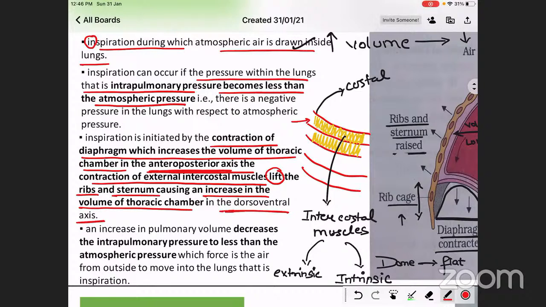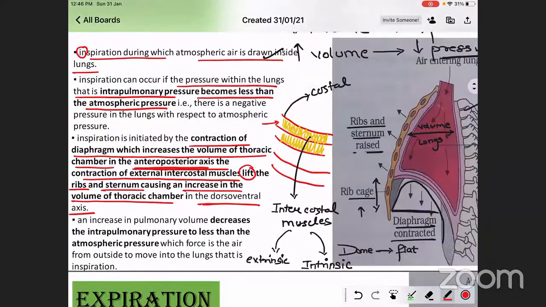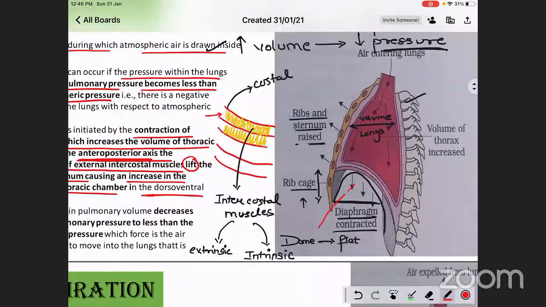Not in the anterior-posterior axis. In the anterior-posterior axis, the diaphragm is increasing the volume like this. And the ribs are increasing it like this in the dorsoventral, or you can say ventrodorsal direction, from the ventral to the dorsal side. So like this the volume has increased.